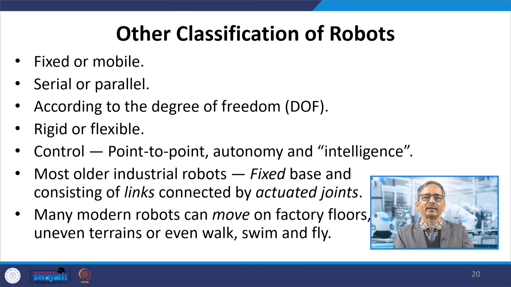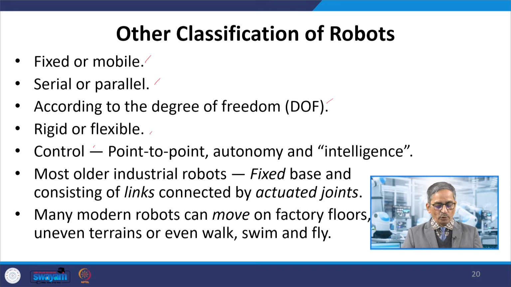There are other classifications of robots, such as fixed or mobile, serial or parallel, according to the degrees of freedom, and rigid or flexible robots. Then there is the type of control we are using, whether point-to-point control or autonomous and intelligent control.